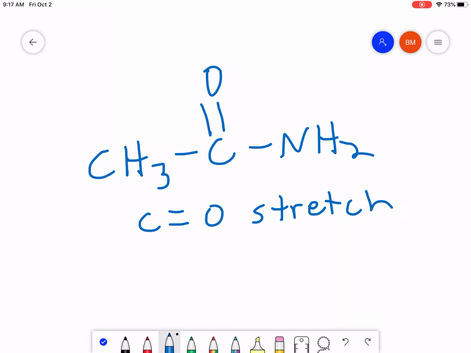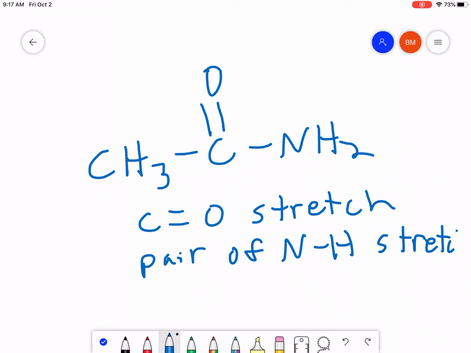What else would be important here? Yeah, that NH group, right? And it's a primary amide, so you can probably figure out that we would see a pair of NH stretch peaks as well. So basically, these follow the same rules as amines, except that we also see a carbonyl group with them. Okay?